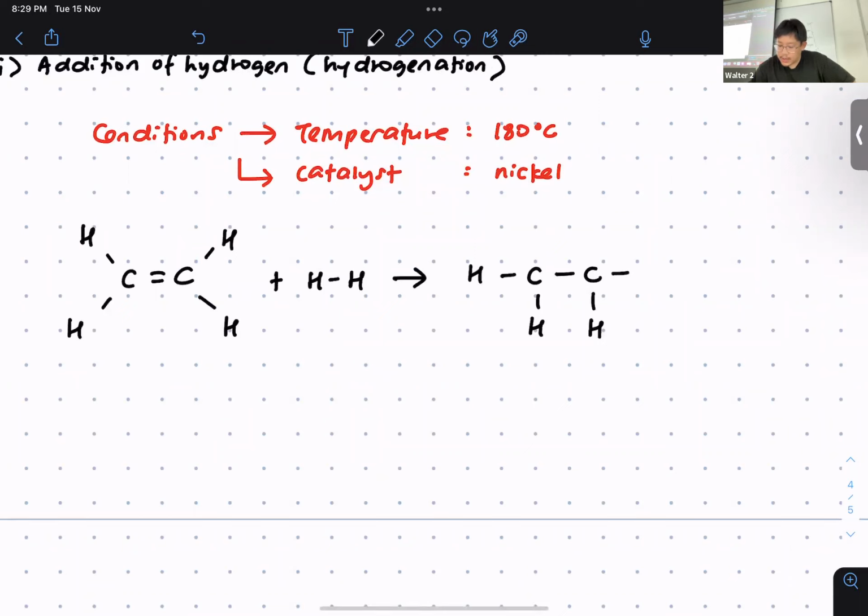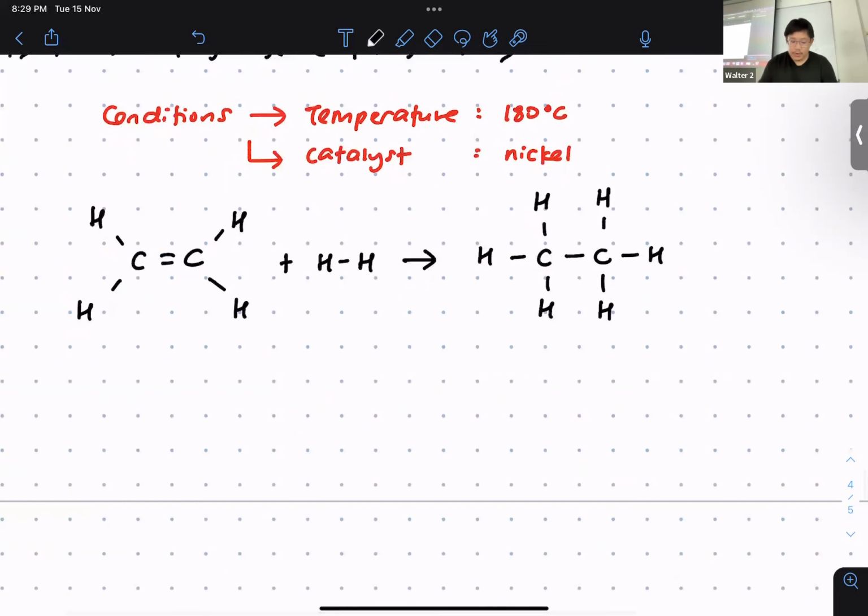The hydrogenation process is a conversion of an unsaturated hydrocarbon to a saturated hydrocarbon, so you're converting an alkene to an alkane. The chemical equation is very simple: C2H4 plus H2, with nickel as a catalyst at 180 degrees Celsius, gives C2H6.